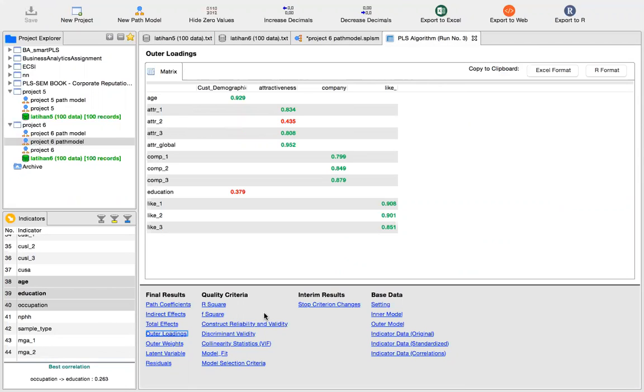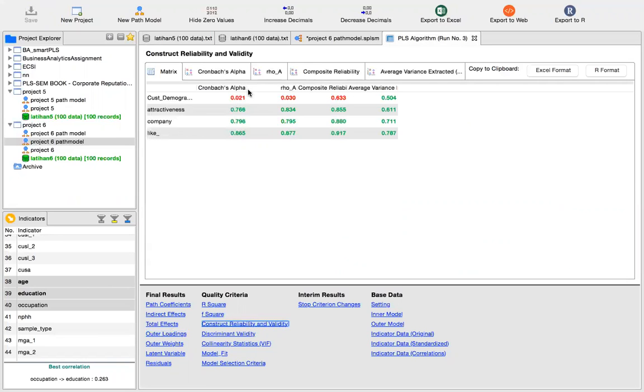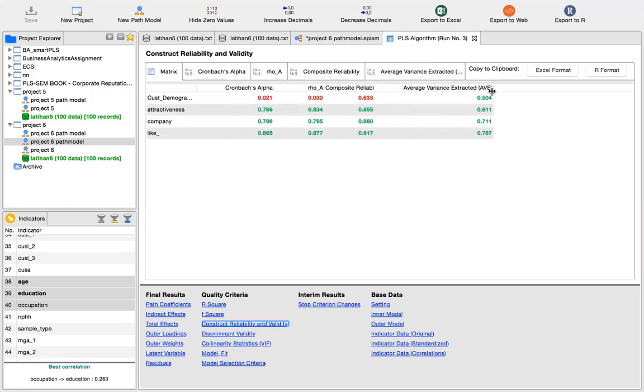Next, the AVE must be above 0.5 at the 95% confidence interval. And the Cronbach's alpha measures internal consistency. Cronbach's alpha and composite reliability are pretty similar, but most likely we only check the composite reliability because it is more precise than the Cronbach's alpha.